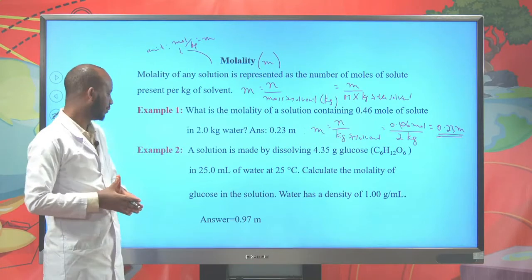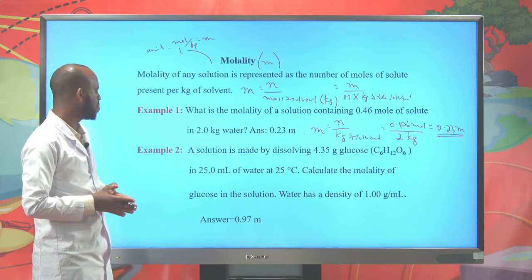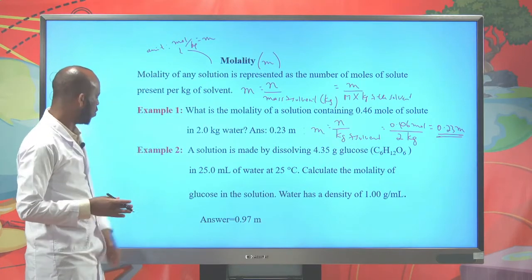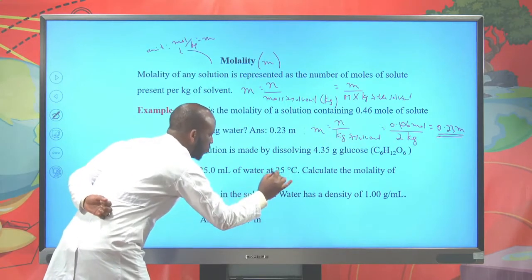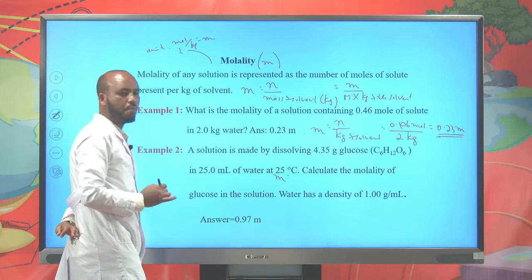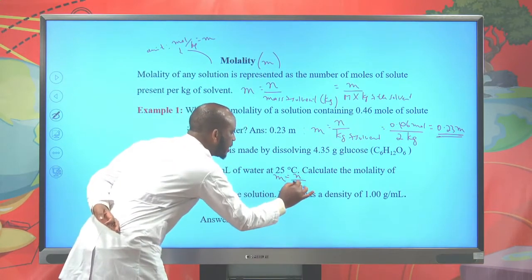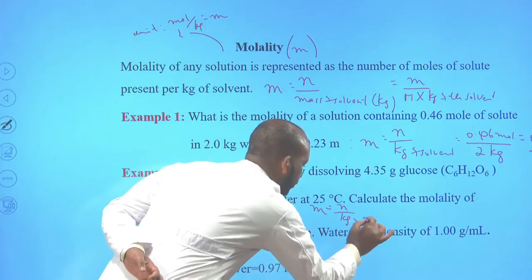You are asked to calculate the molality of this solution. Molality of the solution equals the number of moles of solute divided by kilogram of solvent.